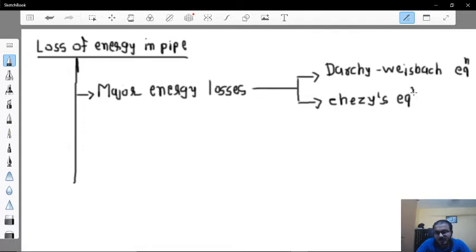And there are other minor losses. Here we have number of losses.